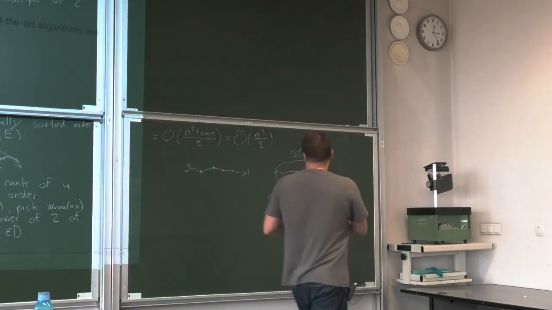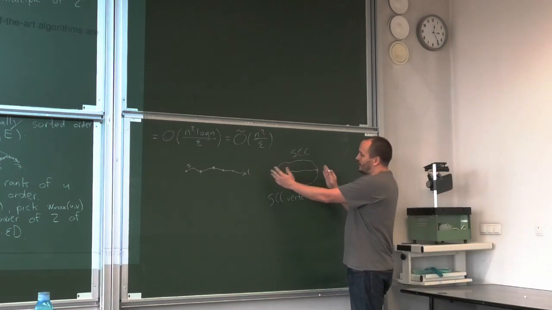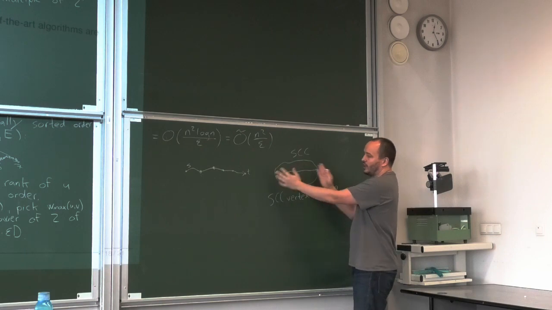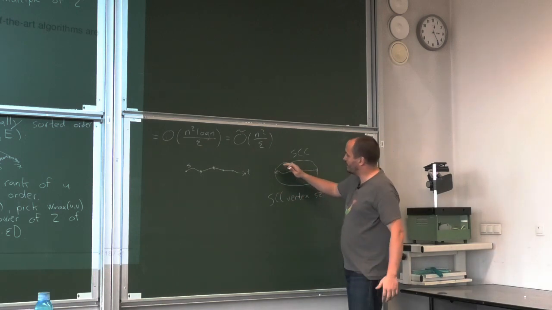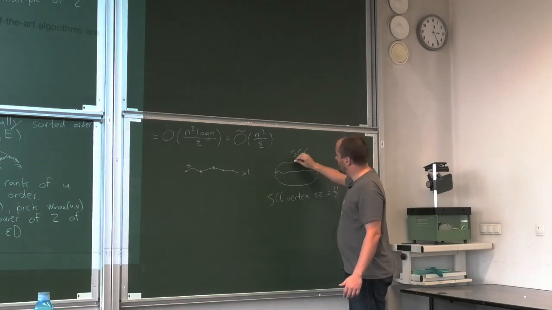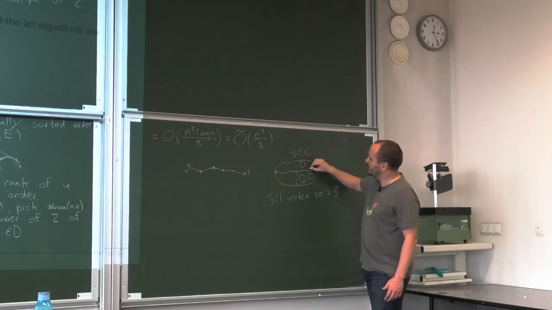I mean, this is very high level because it's too technical to go into details, but the idea of the algorithm now is that if a strongly connected component has too large diameter, then we want to split it up. So basically you want to cut it somehow so that it falls apart into smaller strongly connected components.